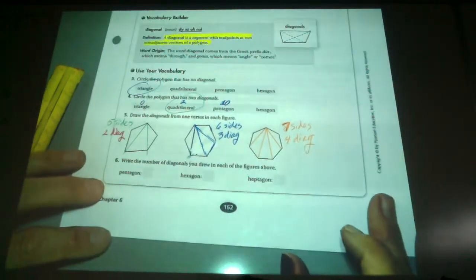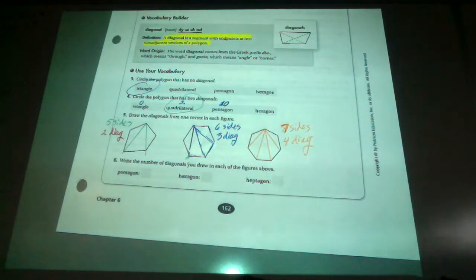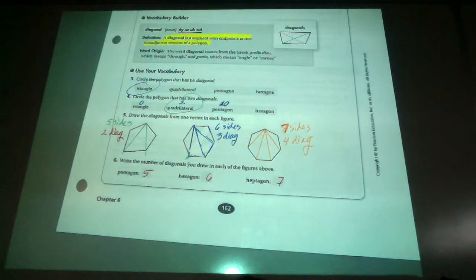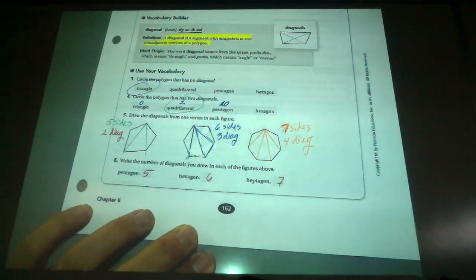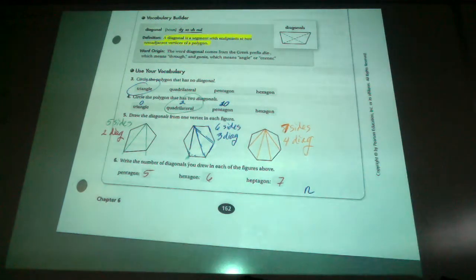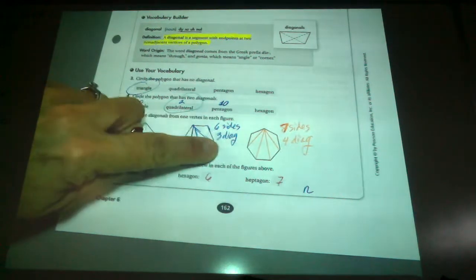Do you see a pattern for me? What's your pattern for me? So if I have n number of sides, how many diagonals am I going to have? 5, 2, 6, 3, 7, 4.